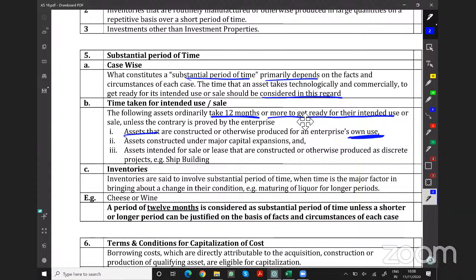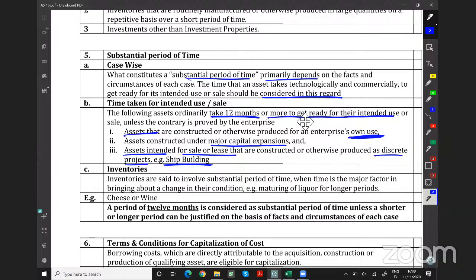I'm constructing my office building for my own use. I'm constructing my equipment, my plant and machinery for my own use. Asset constructed under a major capital expansion. Asset intended for sale or lease that are constructed or otherwise produced as a discrete project. Example, shipbuilding and so on.